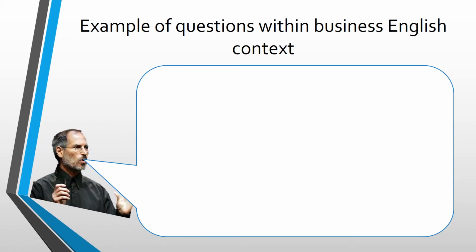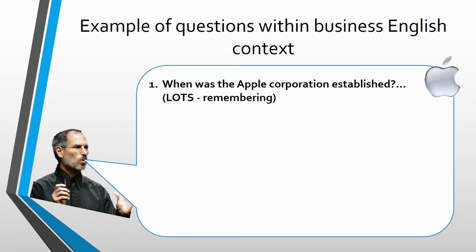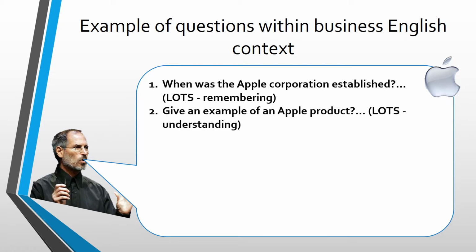His name is Mr. Steve Jobs. The first question: when was the Apple Corporation established? Example of LOTs and the level of remembering. Give an example of an Apple product.